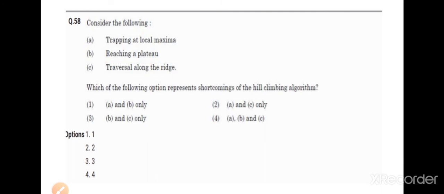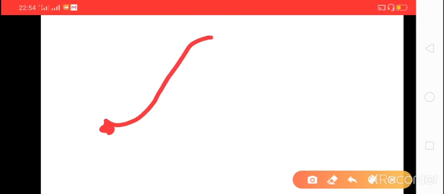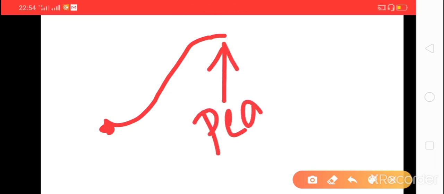So what is this hill climbing algorithm? Hill climbing algorithm means it starts from a point and moves iteratively, moves incrementally.